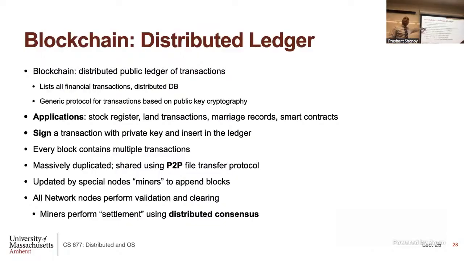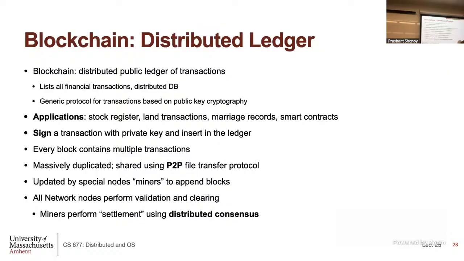And blockchains are much more broadly used than cryptocurrencies. They are used for stock transactions. They are used for land transactions. When you buy and sell land, you can record them in a public ledger, marriage records, smart contracts. There are all kinds of use cases for blockchains where this type of property is important, where the information is public.